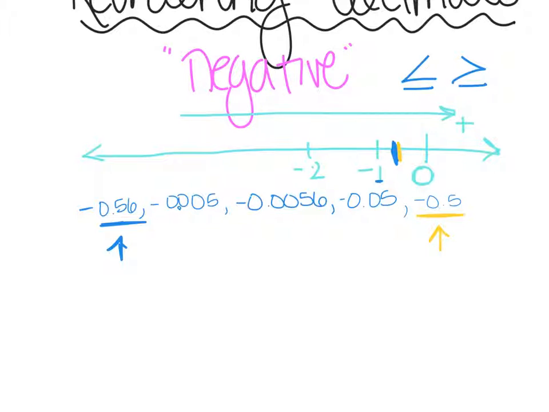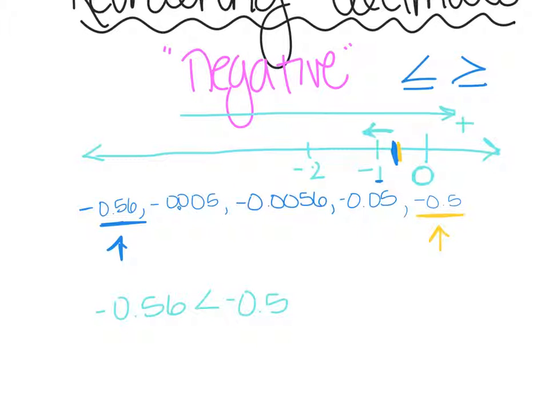So I know that this is the biggest number. That also means that it's going to be farther this way, and that also means it is going to be coming first in line. Because think of it as negatives, it's the opposite of positives. So we're going to actually have to label that first. So we have negative 0.56, and then next comes negative 0.5.